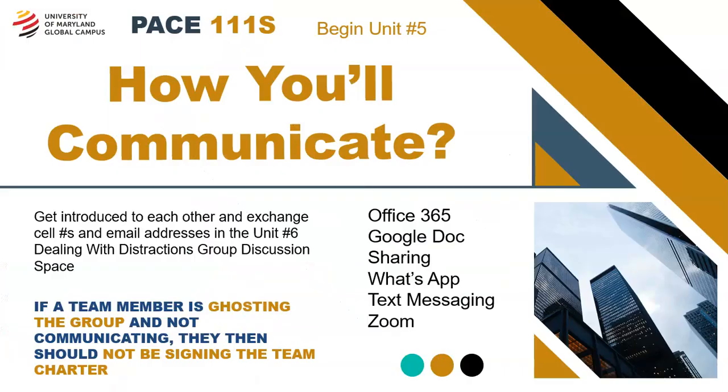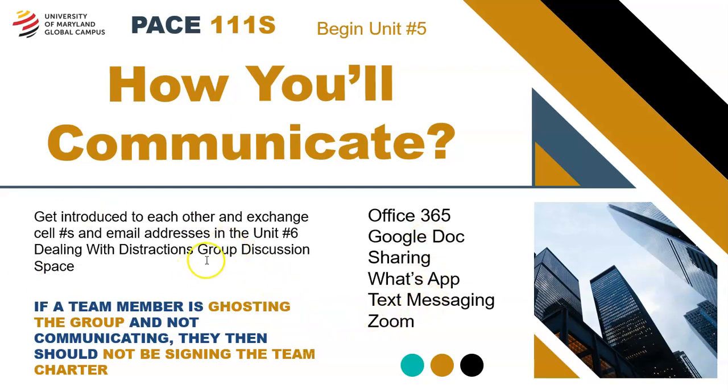And speaking of communication, what are some ways that you can communicate with your group? Well, we have a couple ways we've listed here: Microsoft Teams, Office 365, creating a Google Doc and sharing it, WhatsApp, text messaging, Zoom.